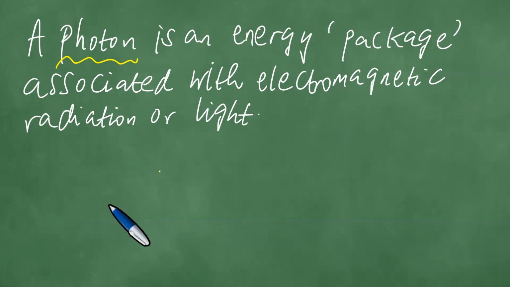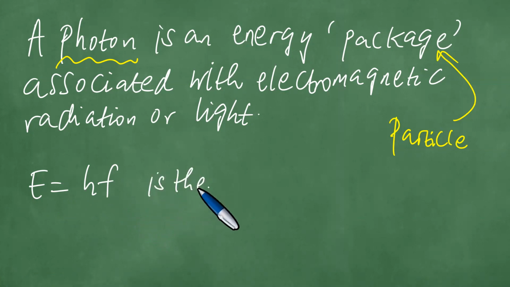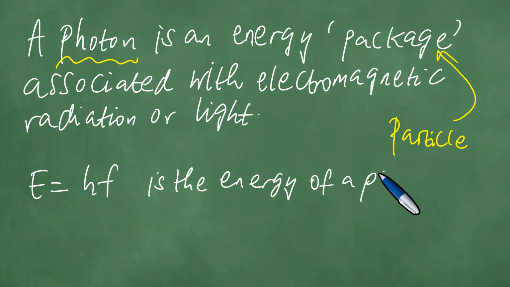One can call it a particle, sort of an energy particle. Now, this means, therefore, that E equals HF is the energy of a photon.